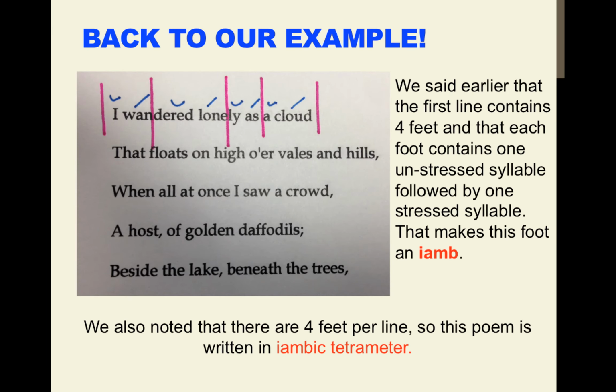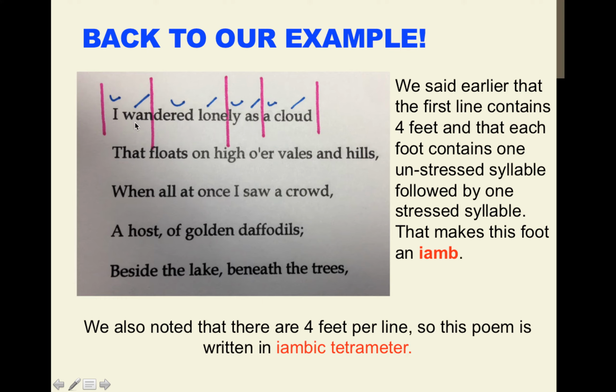Okay? Let's look at an example. Go back to our example we had. So we said that we had 4 feet and that each foot contained an unstressed syllable followed by a stressed syllable. So that makes each foot what we call an iamb, or we say that it's iambic. Then to figure out what comes after that, we attach this little root word to the word meter to indicate how many feet there are per line.